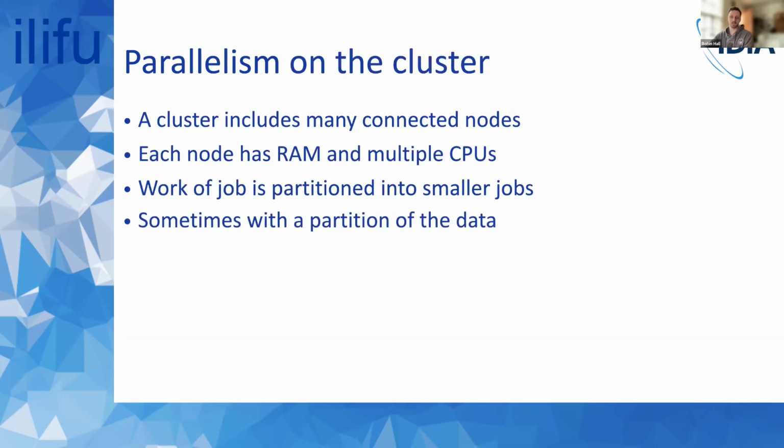As I've mentioned in previous sessions, the ilifu cluster is a group of connected nodes, each with its own RAM and multiple CPUs. So when you submit a parallel job to the cluster, you're essentially partitioning the job into smaller jobs that are going to run simultaneously. The main advantage here is that you are speeding up the processing.